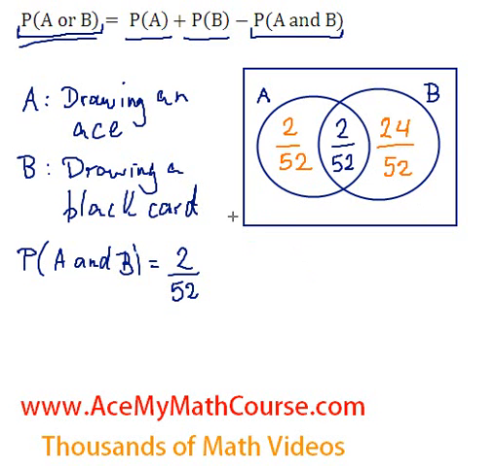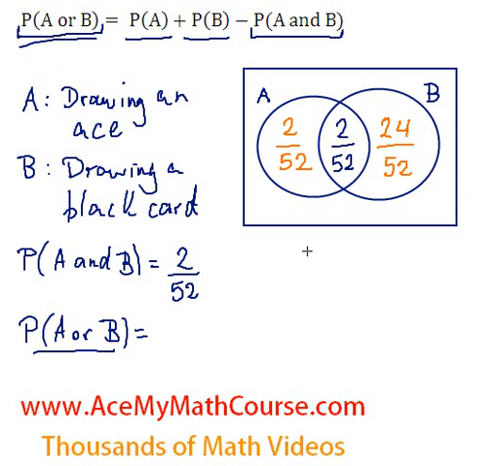Excellent. So now we have enough information to figure out basically everything that we could be looking for. What is the probability of drawing an ace or a black card? And what does this mean? P(A or B) just means either an ace or a black card, or essentially both.